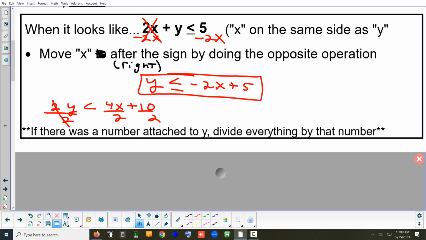But in this case, you're not. So you get y is less than 2x plus 5. Okay, so that's an example of if you had a number attached to y, you divide. That's step 1, just getting everything with the y by itself on the left side.